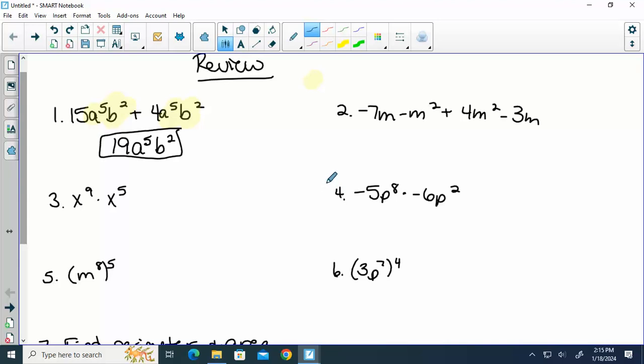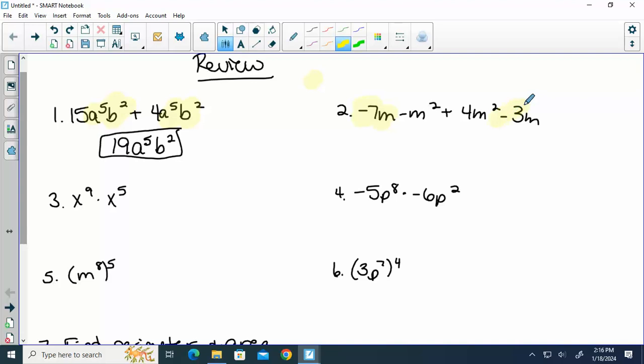So on number 2, we have to look and see which ones we could combine. So which ones are like terms? Right. Both of those have an m to the first power.